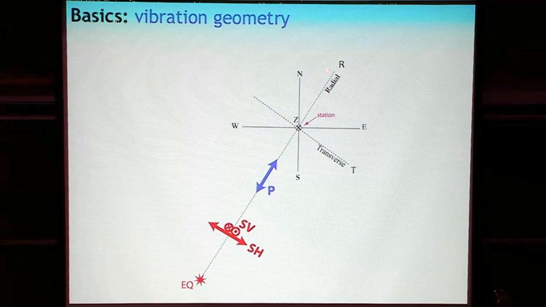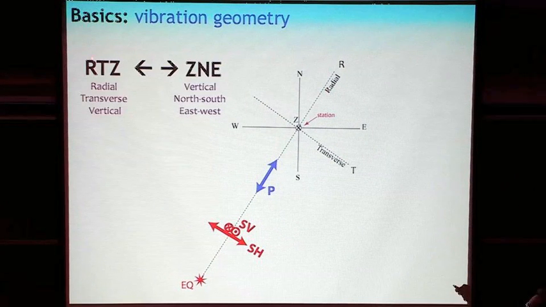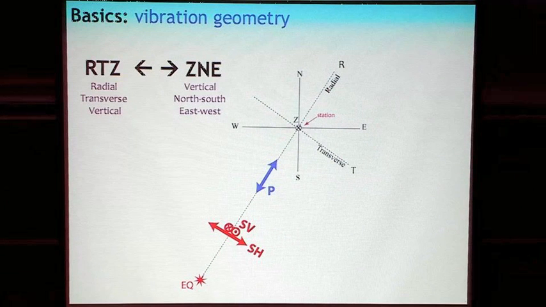And so there was a question in Gabby's talk, I think, about that. So often you'll see RTZ on our slides, which is radial, transverse, vertical, and ZNE for up, down, north, south, east, west. Now, just very quickly, this R is a little bit of funny business because the horizontal components of vibration are in the surface, but if a wave's not coming straight up, then, here's my ray path, and here's shear vertical.